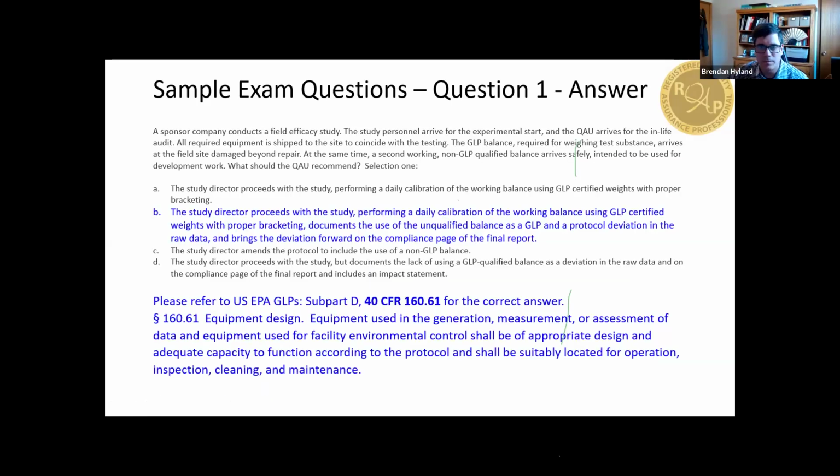So we can choose B over D because B actually points out that it is a GLP deviation, whereas D just says that it's a deviation that's going to be logged in the raw data.